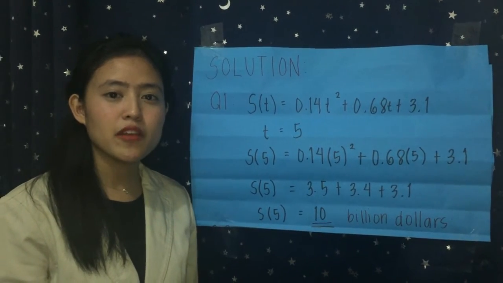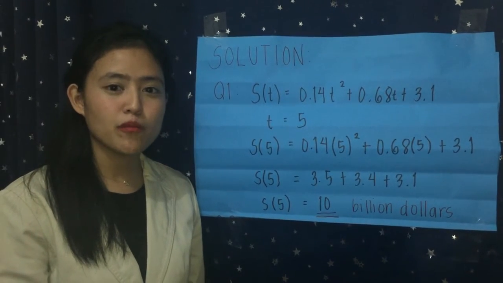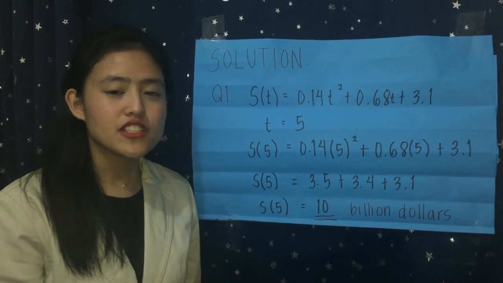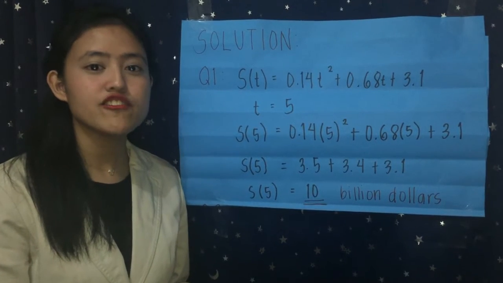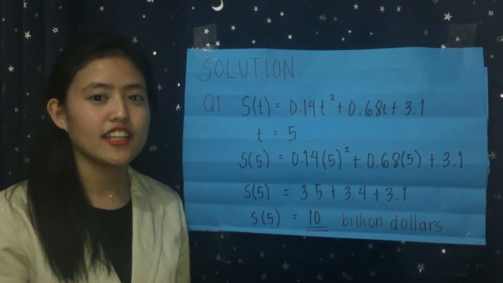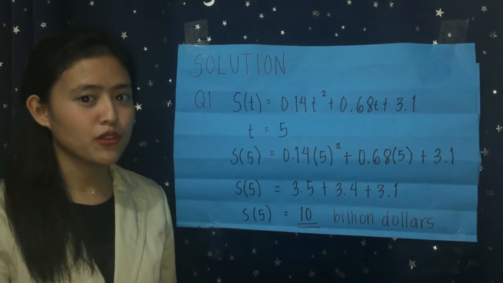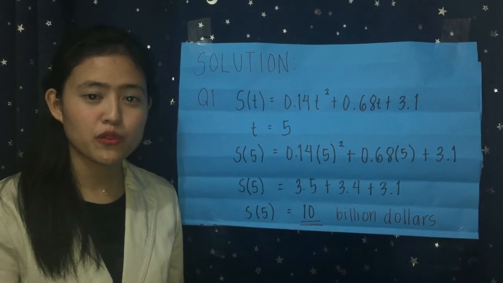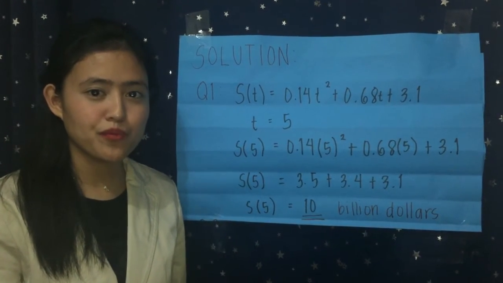So for this problem, we are given the function s of t is equal to 0.14t squared plus 0.68t plus 3.1, knowing that our t represents the year of sale with t equal to 0 at the beginning of 1997. Its possible value will be only from 0 to 6. Now here comes the question, what were the sales of DSPs at the beginning of 2002?